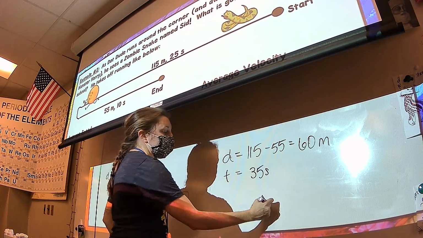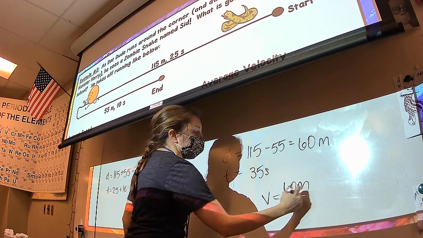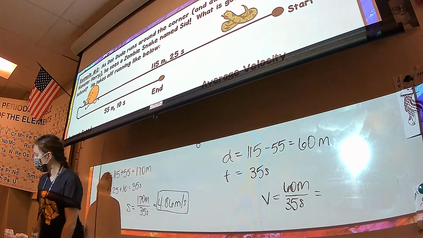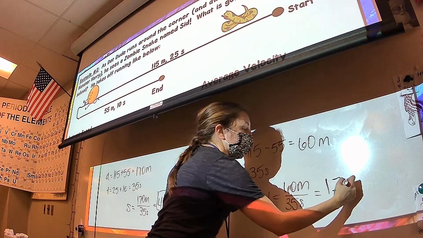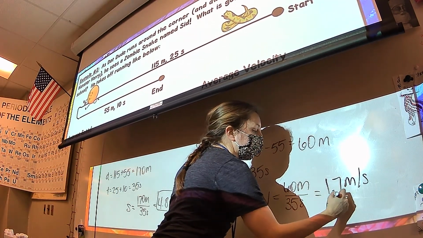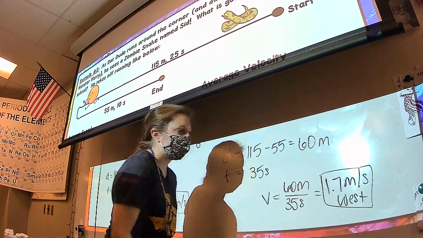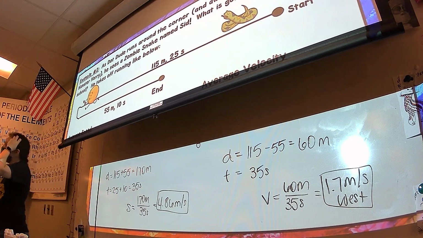And then we divide again. V equals D divided by T. 1.7. And this was west or left. Velocity has direction, so we have to include that in our unit.